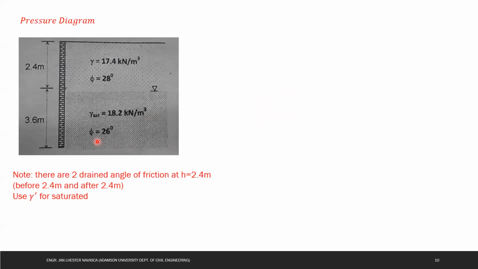So at this location, and at this point, infinitesimal change at the top, meron ka na agad 28 degrees angle of friction. Nandun na siya agad. Kung infinitesimal change at the bottom, you have this phi that is 26 degrees. So para siyang ano eh, let's say for example, you have a line.